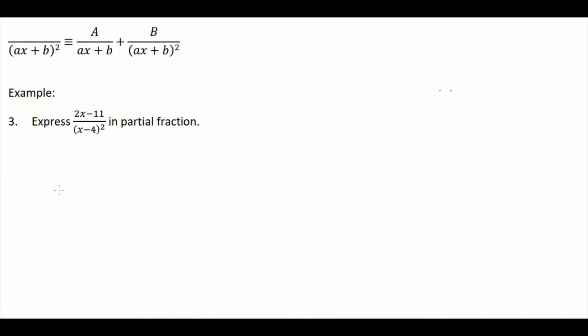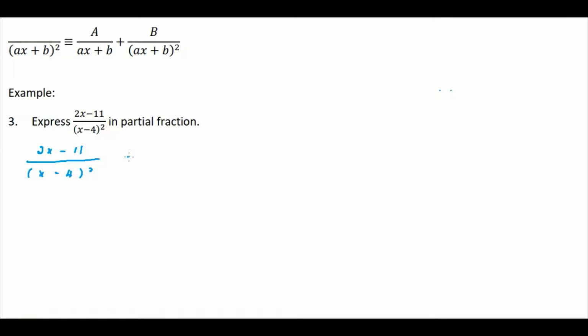Okay, so let's look at example 3. You can see that this fraction has a denominator which has a repeated linear factor, which is x minus 4 and x minus 4, right? That's why we need to use this formula to help us do this. So if you have this case, the same thing: let's copy down your given fraction first.